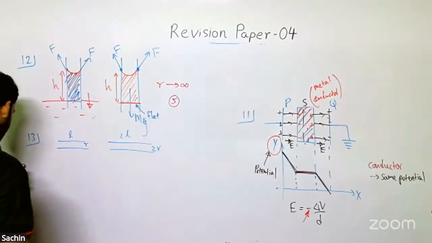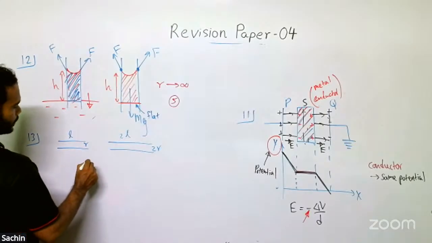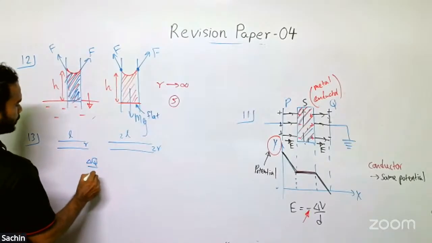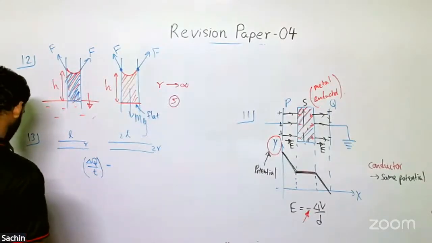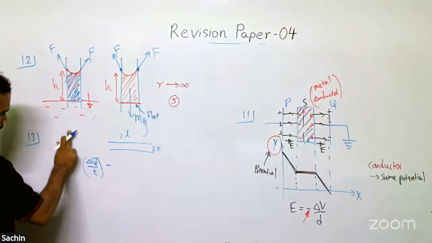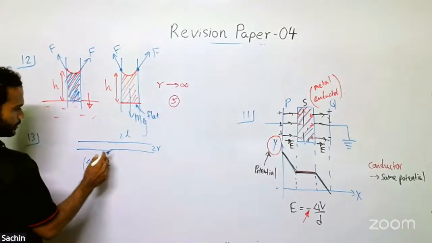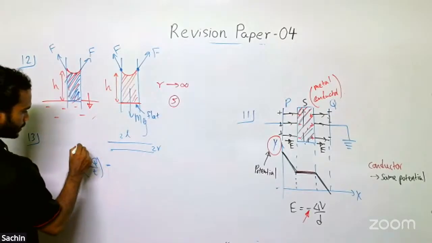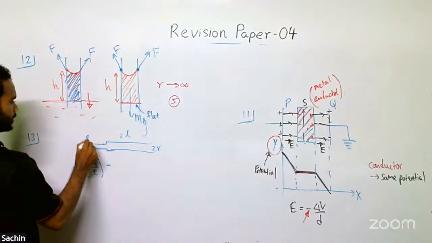A pressure difference occurs only for viscous liquid. So just a comparison. The first tube is connected with the second tube like this. Length is L, radius is R.